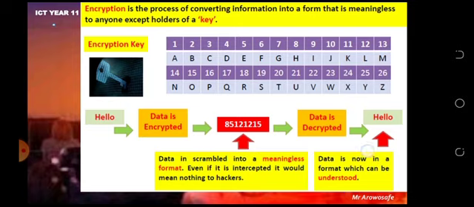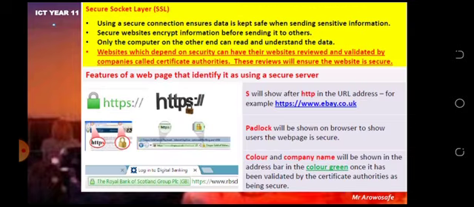Good. Now let's move to the last one, secure socket layer, that we normally call SSL. This one has to do with how to identify a secured website. Using a secure connection ensures data is kept safe when sending sensitive information.